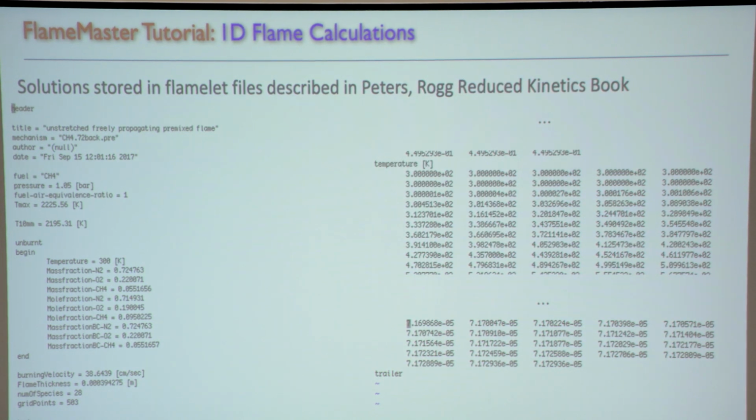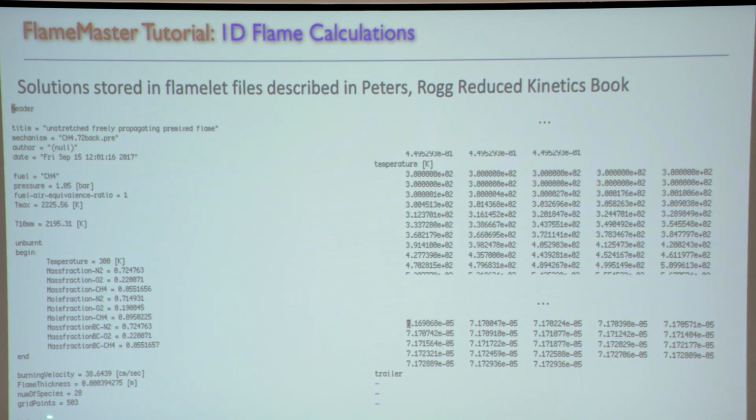1D flames are stored in a format called flamelet file format, which was described in this book. It's in 3 parts. First there's a header with a lot of meta information: title, mechanism, author, date it was produced, fuel, pressure, maximum temperature, equivalence ratio, boundary conditions, burning velocity, flame thickness, number of species in the mechanism, grid points used.